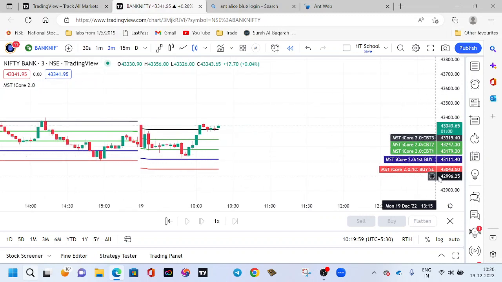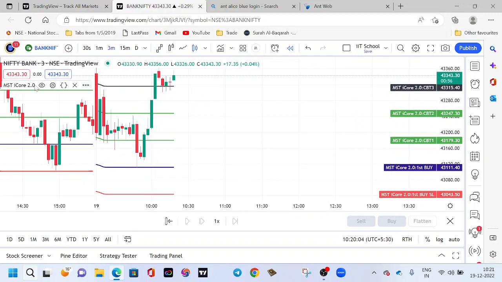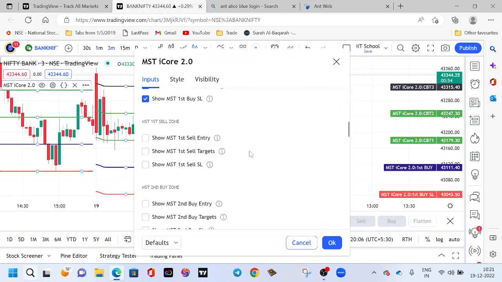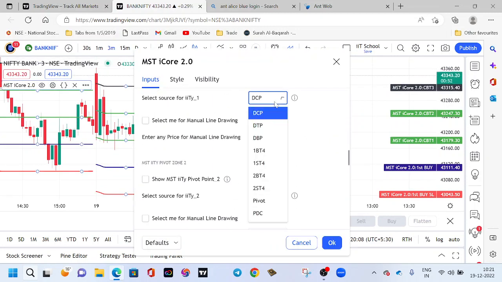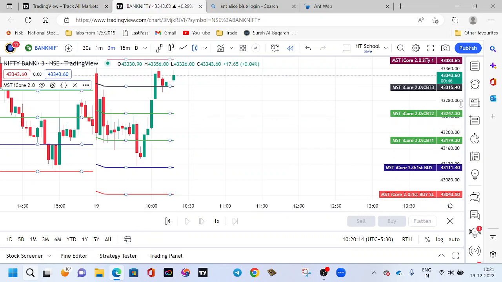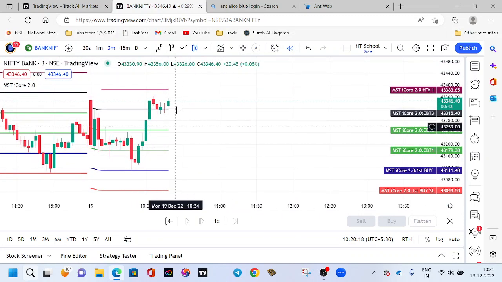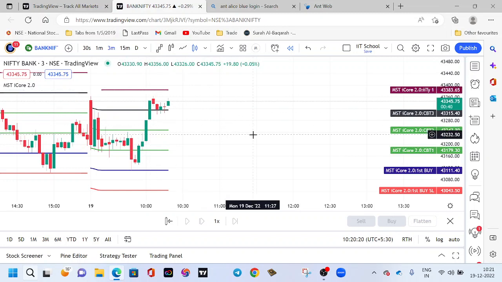See, perfectly all our three targets have been hit. If you want to keep tiny SL and tiny target, that also you can keep, it is up to you. As per the indicator tool, we give three targets by default. If you want to extend the target, you can go for the fourth target also.